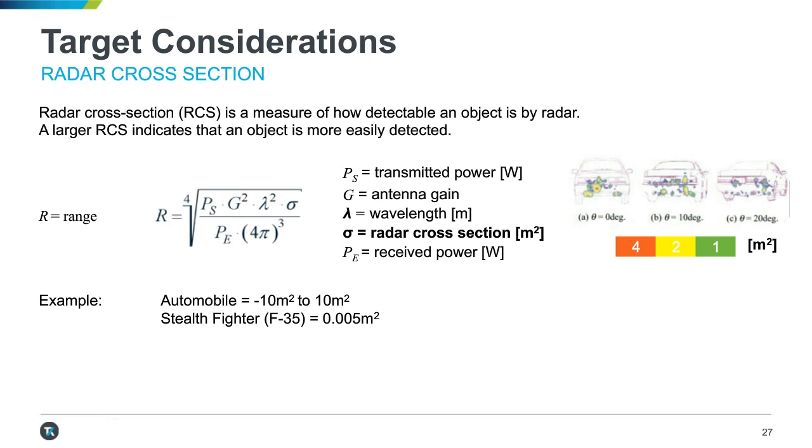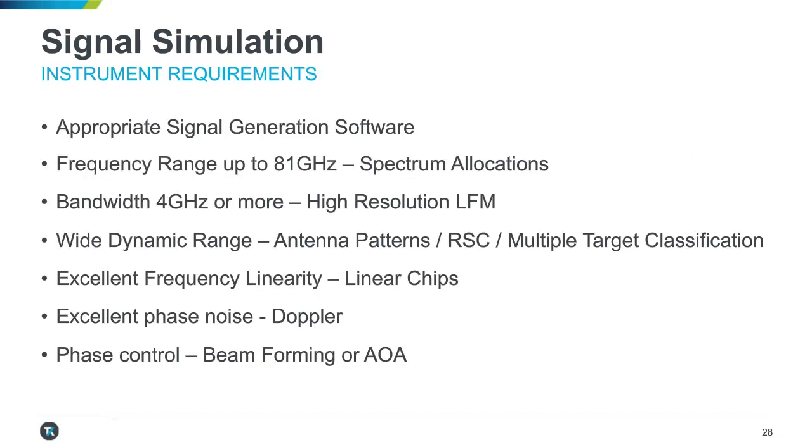So if I had to define the signal simulation requirements for an instrument, one, you need the appropriate signal generation software, and most test and measurement companies have very good signal generation software, as does Tequniques. Frequency range, of course, we need to get up to 81 gigahertz. We talked about the spectrum allocations.